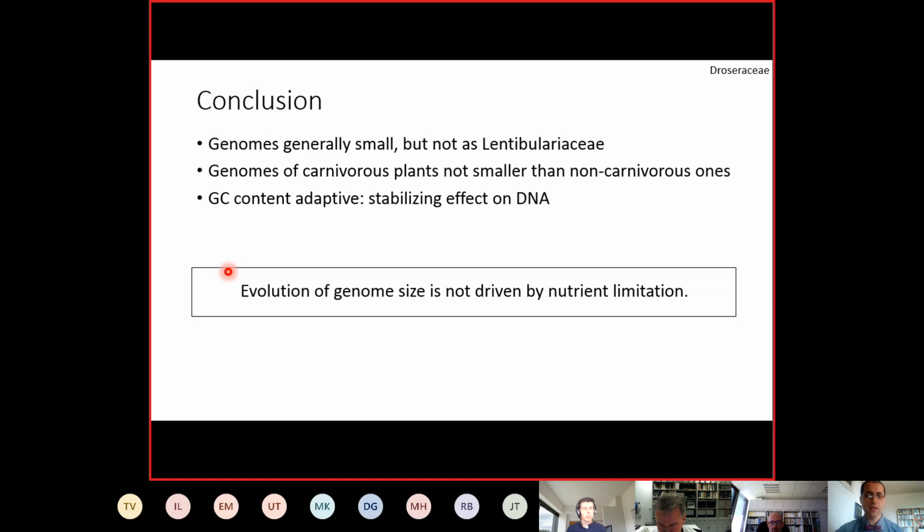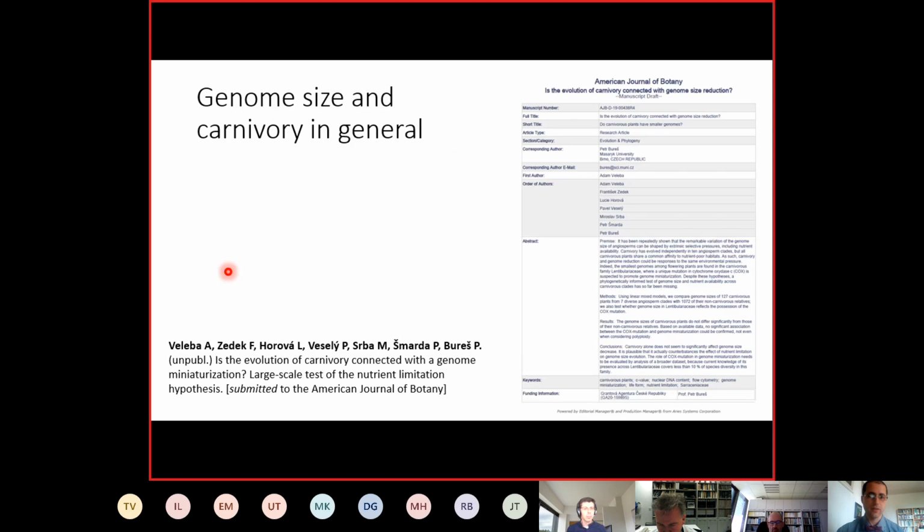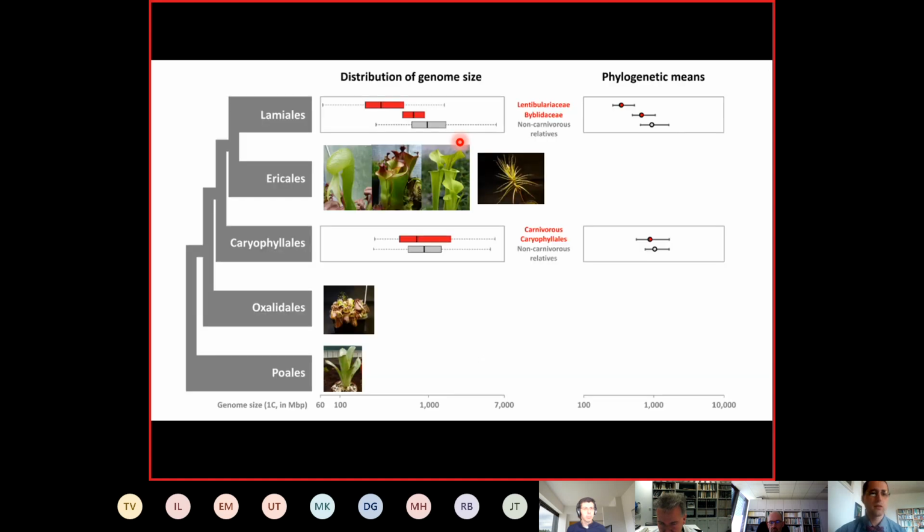And to decide whether carnivory is really associated with genome size decrease, we had to explore other carnivorous clades. So we made a study where we directly addressed this hypothesis and compared carnivorous plants in as many clades as possible. You have already seen the results in carnivorous Caryophyllales and results of Lentibulariaceae.